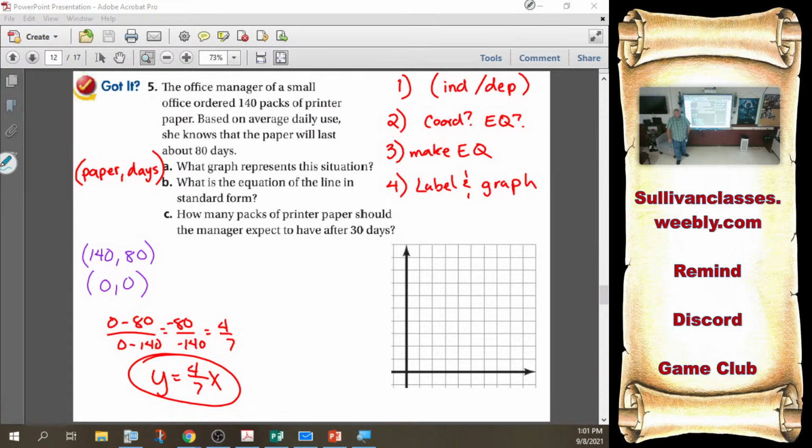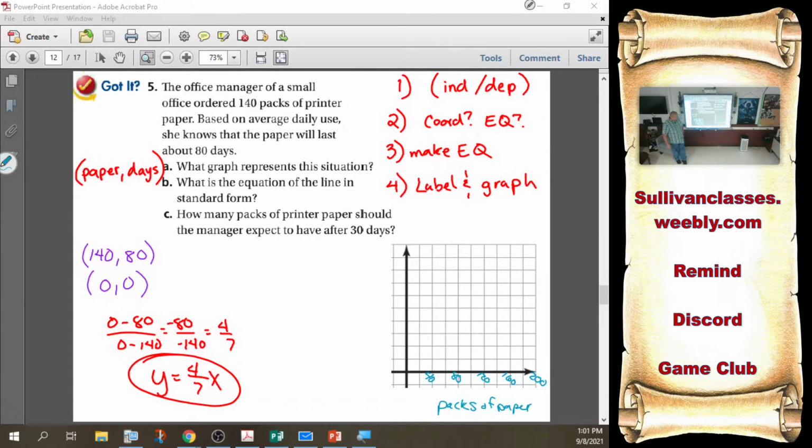What should I go by? 20s will fit that, right? So we'll say packs of paper. I don't have to label every single point. Maybe I say 20, 40, 60, 80, 100, 120, 140, 160, 180, 200. You don't have to label every single one.